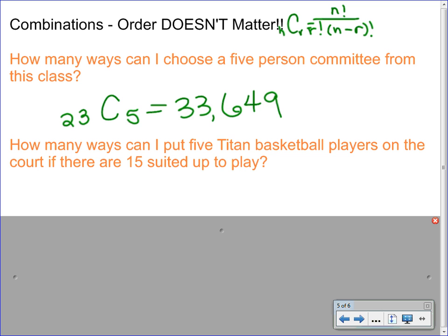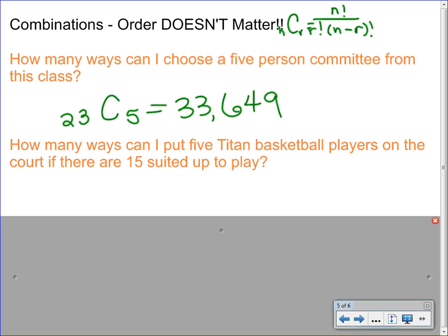Now, basketball season's wrapping up. How many ways, if I was the coach, could I put 5 Titan basketball players on the court if there are 15 suited up to play? If I'm just putting 5 players on the court, is order important?